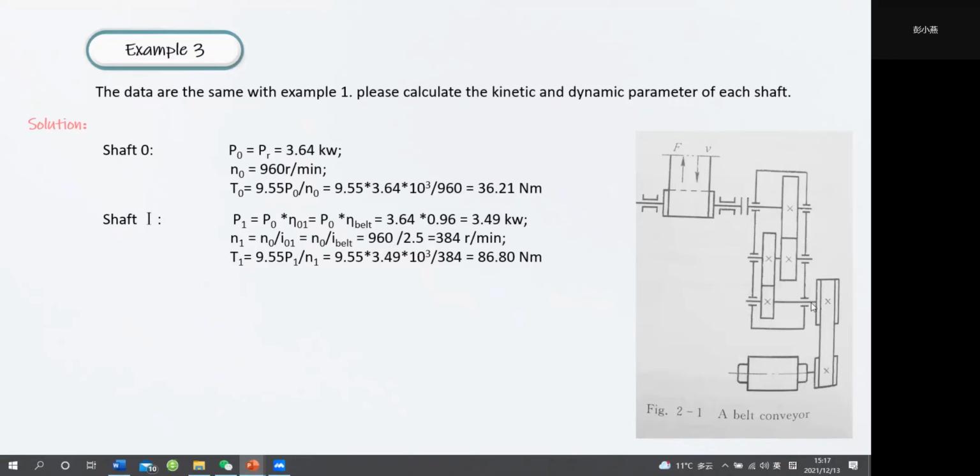Then the rotating speed for shaft one is 384 revolutions per minute, and then the input torque for shaft one, we can use this to calculate.